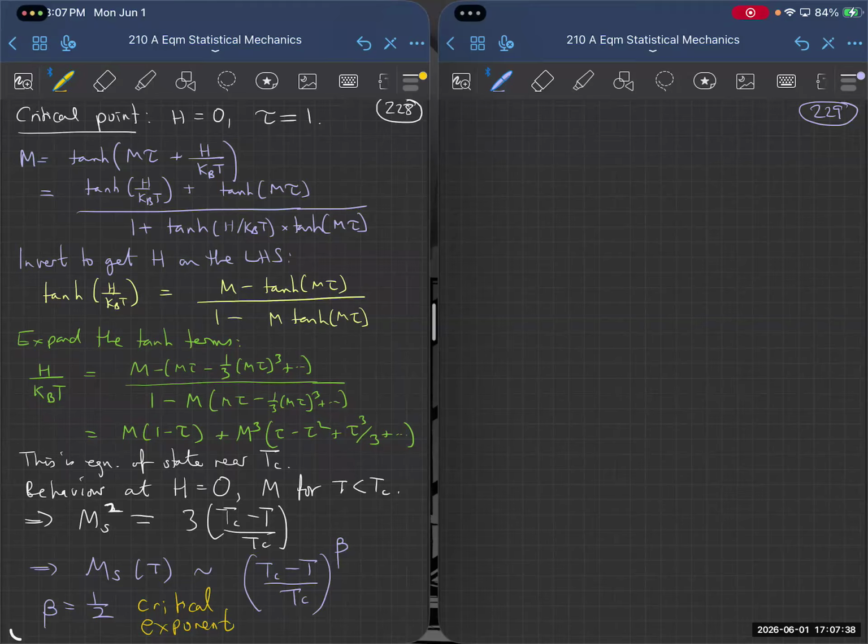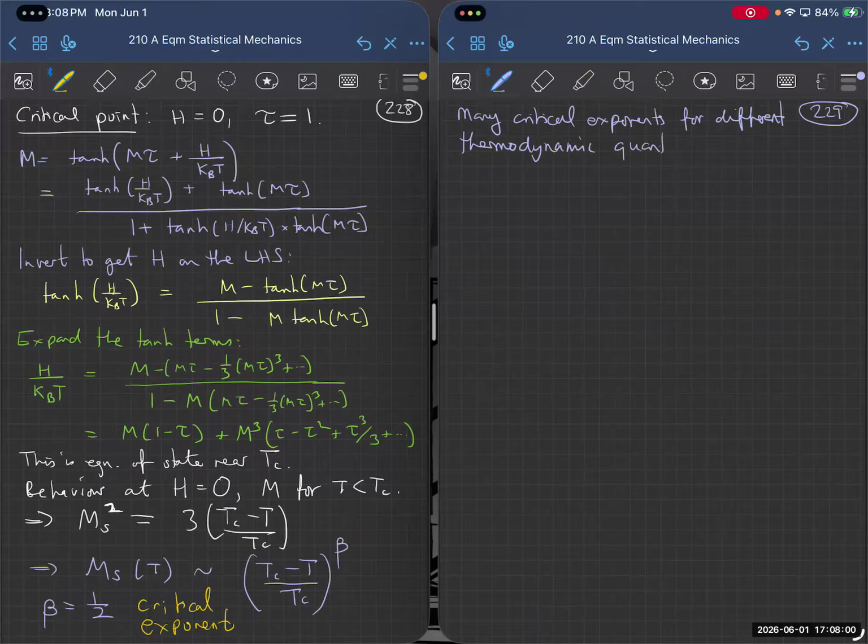And so there are many critical exponents for different thermodynamic quantities. Also the spatial correlations have critical exponents, but we're not going to go into those.